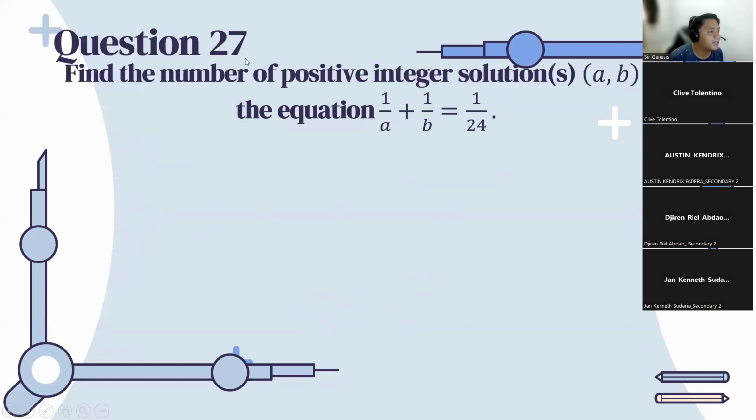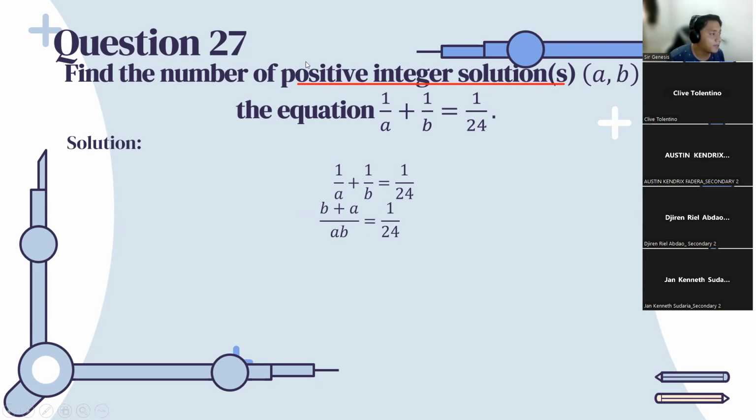Okay. Number 27. Find the number of positive integer solutions A, B of the equation 1 over A plus 1 over B is equal to 1 over 24. So 1 over A plus 1 over B equal to 1 over 24 can be expressed as B plus A over AB is equal to 1 over 24.